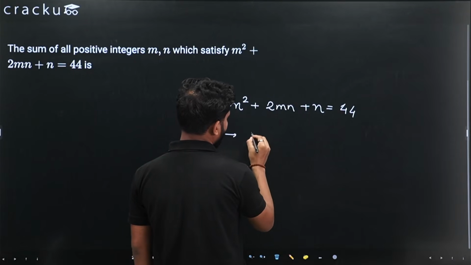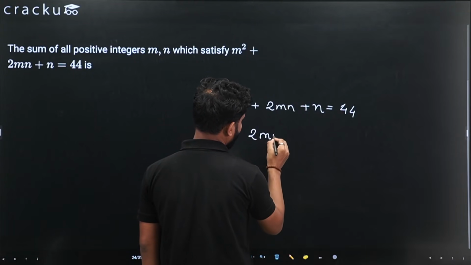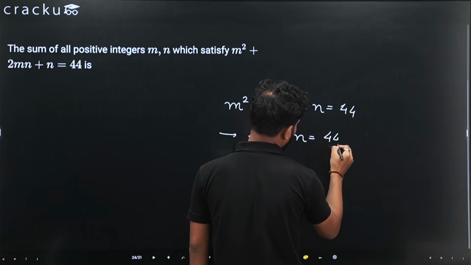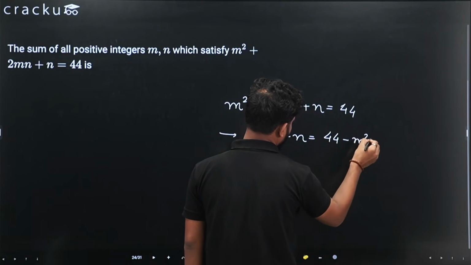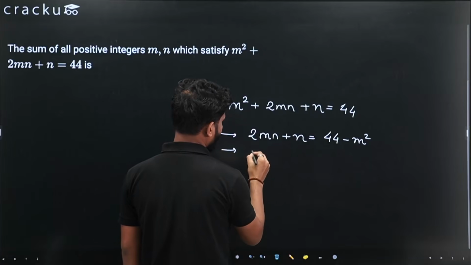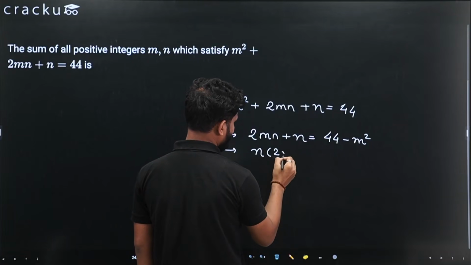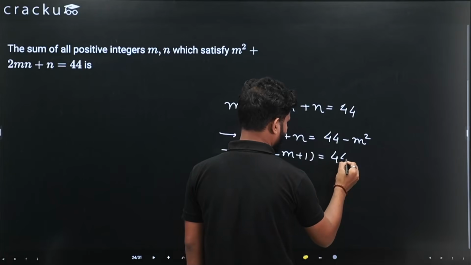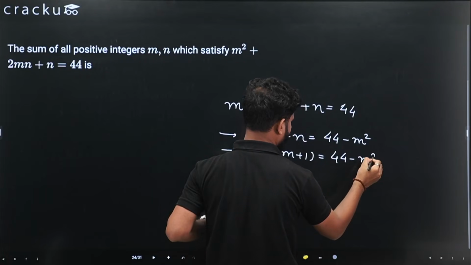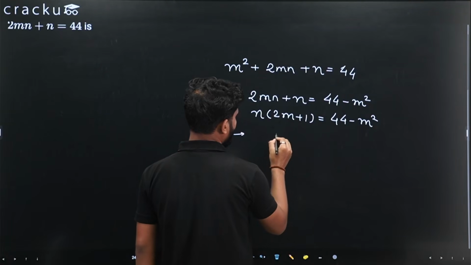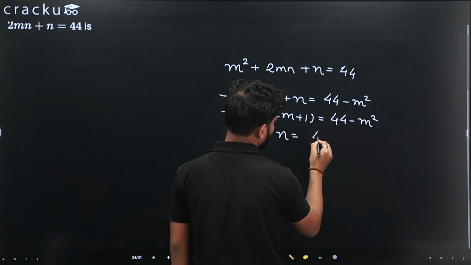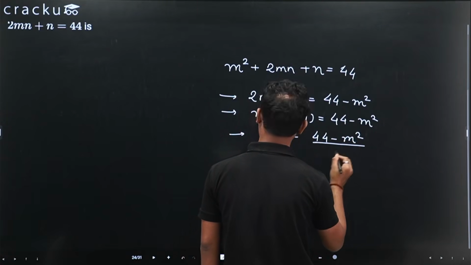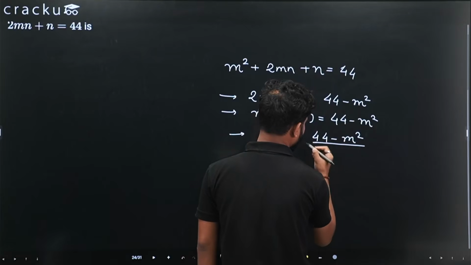Now from here I can write 2mn plus n is equal to 44 minus m square. From here I can take n common, and this will be n times 2m plus 1 is equal to 44 minus m square, or n is equal to 44 minus m square upon 2m plus 1.